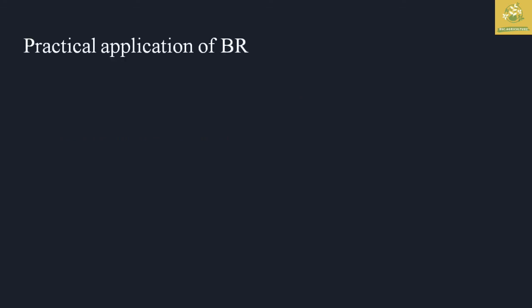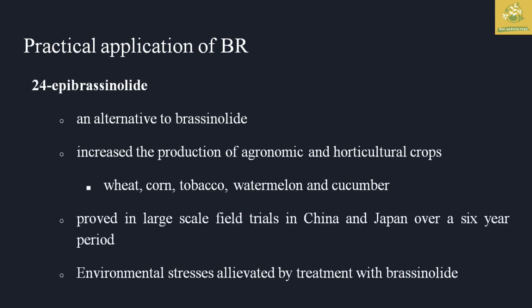As for practical applications, the most applicable brassinosteroid is 2,24-epibrassinolide, which is used as an alternative brassinosteroid to increase the production of agricultural as well as horticultural crops like wheat, corn, tobacco, watermelon and cucumber.